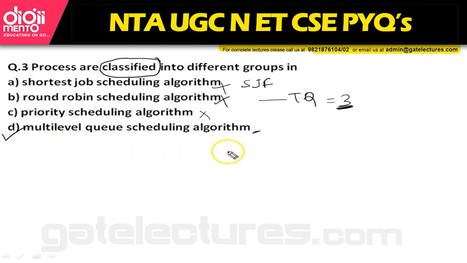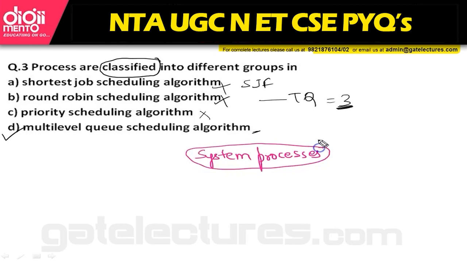What is multi-level queue? In multi-level queue, we categorize the processes into different groups, and then on the basis of their priority we schedule them. Let's say I have a few system processes, and a few interactive processes.